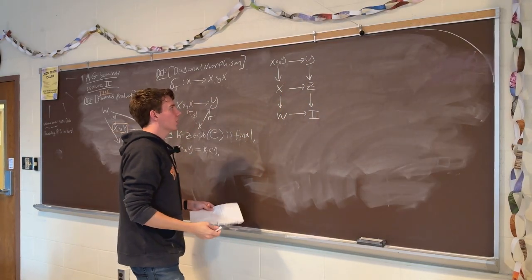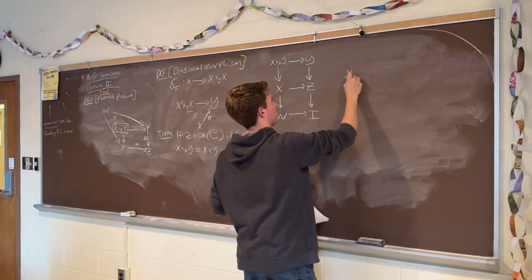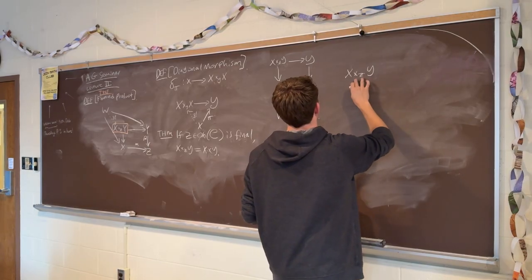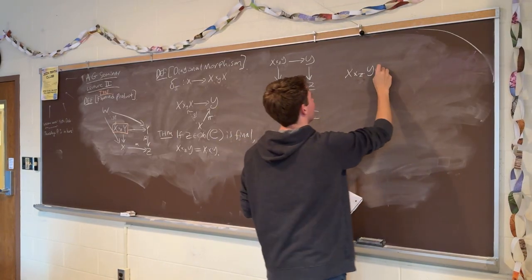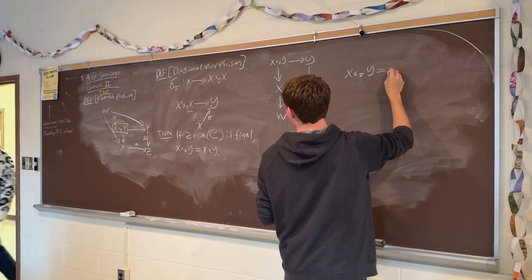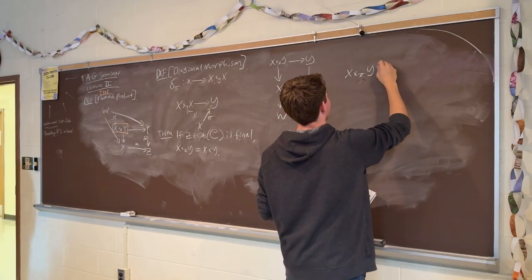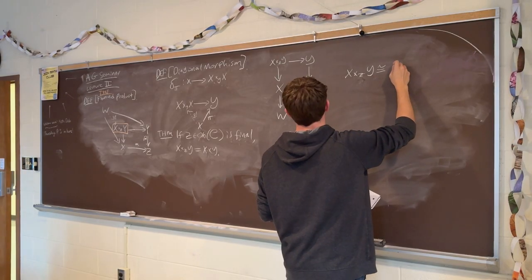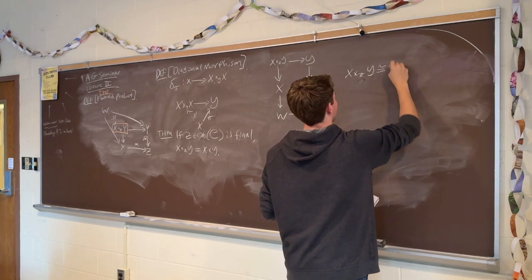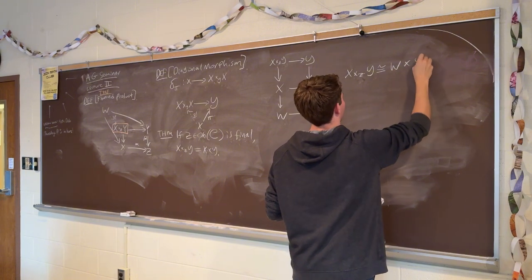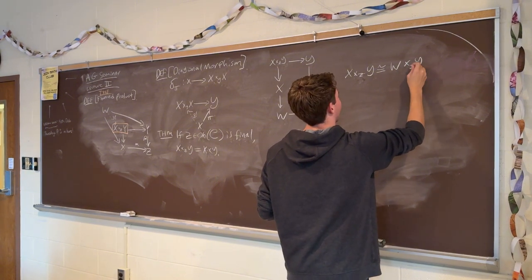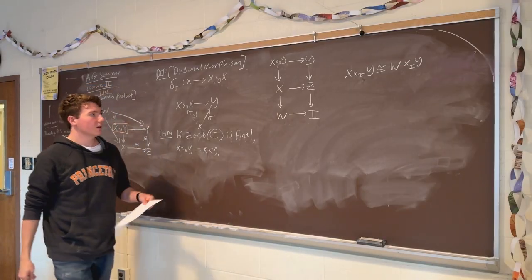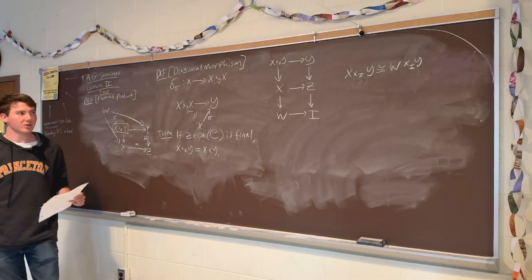Then I'm going to make a claim that the fiber product through z of x and y is inherited as the fibered product of w and y through I, i.e. Cartesian squares stack and are still Cartesian.